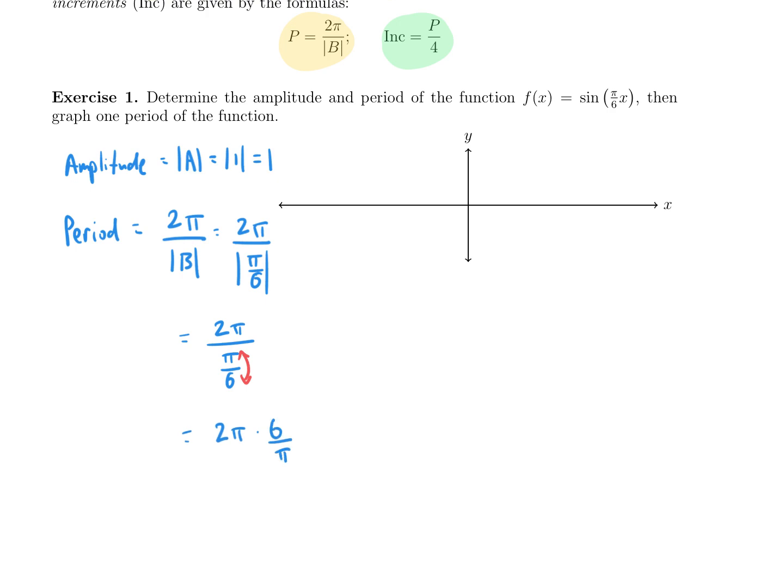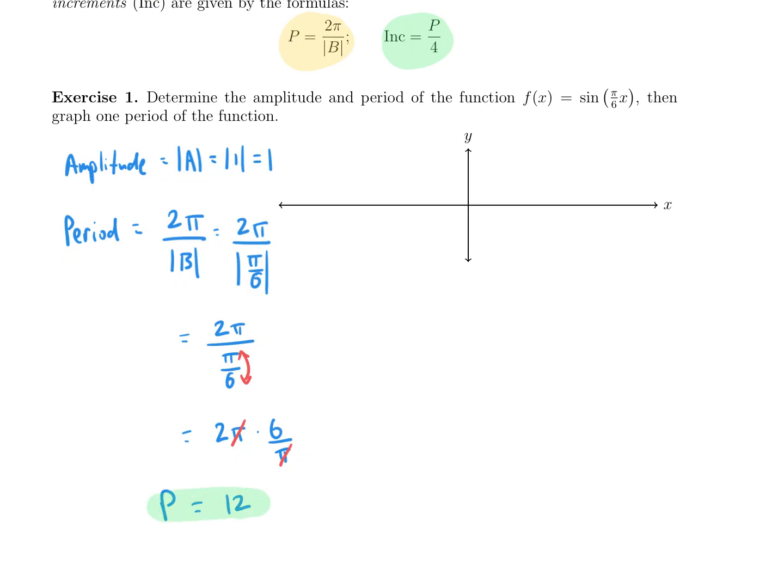And now, as you can see, the pi's will cancel. That's how you divide a fraction. You multiply by the reciprocal of the denominator, and you should end up with 2 times 6, which is 12. So the period is 12.